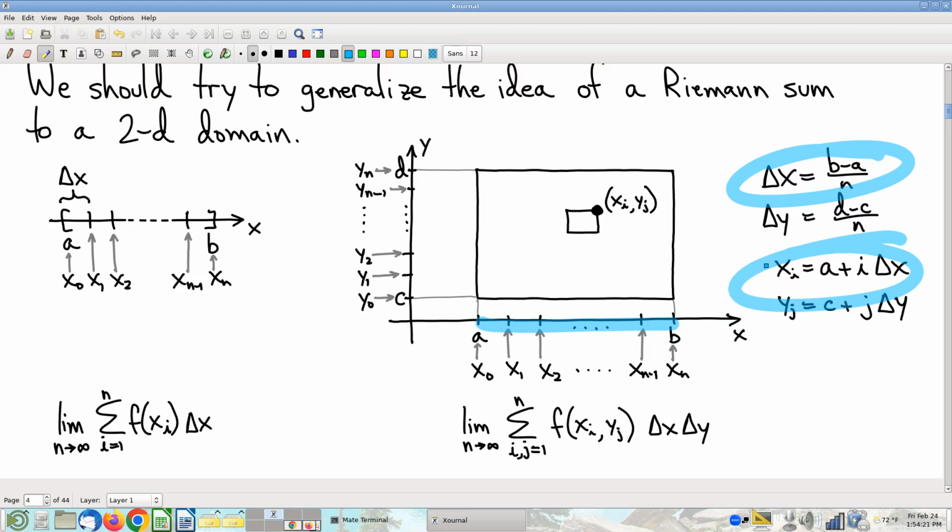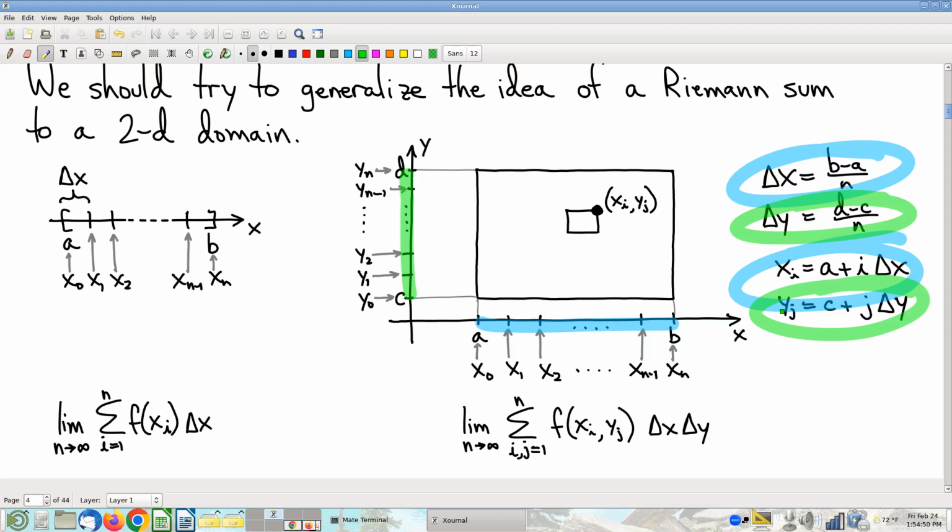So now we just have an analogous thing happening over here. We have this interval from C to D. Different letters, sure, but still it's an interval that I'm chopping up into n little pieces. And so I'm going to get a delta y formula. It looks exactly the same, adapted appropriately, of course, and a y sub j formula that is highly analogous, adapted appropriately, of course.